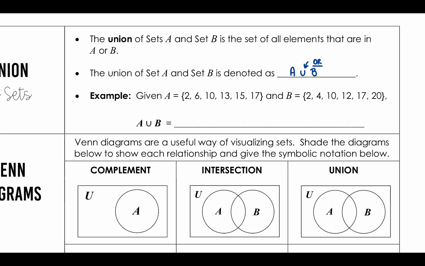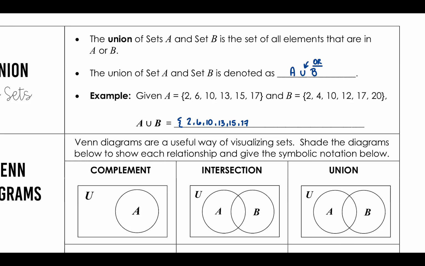So now we've got to go through and take all possible numbers. So 2, 6, 10, 13, 15, and 17. So we know everything from A is going to be there.